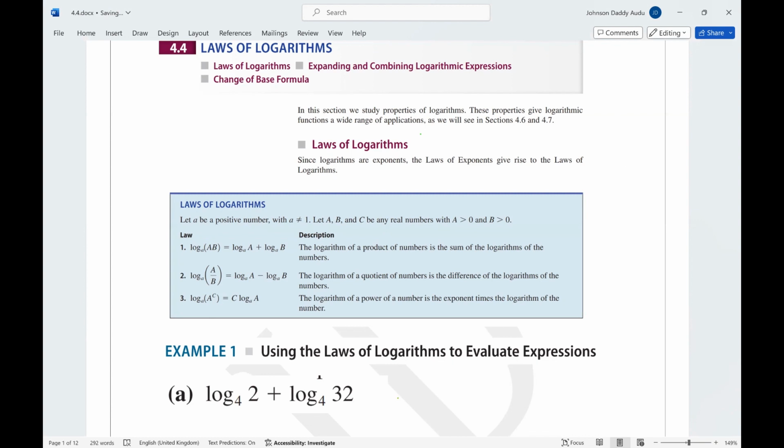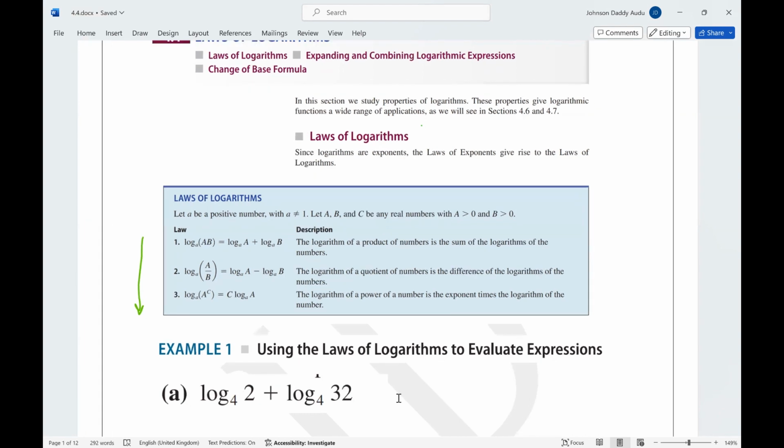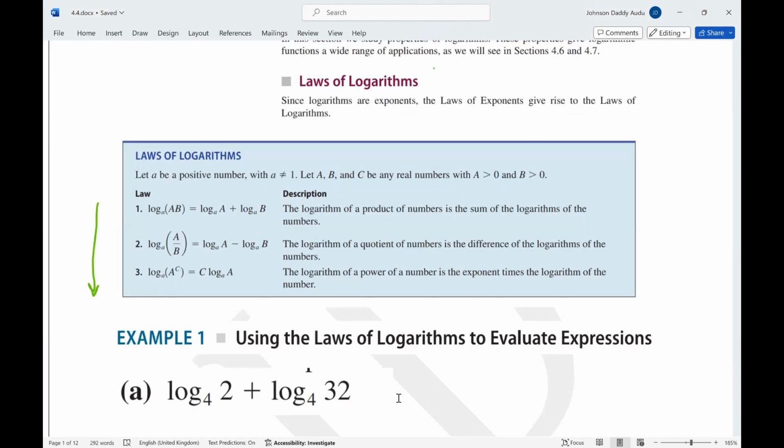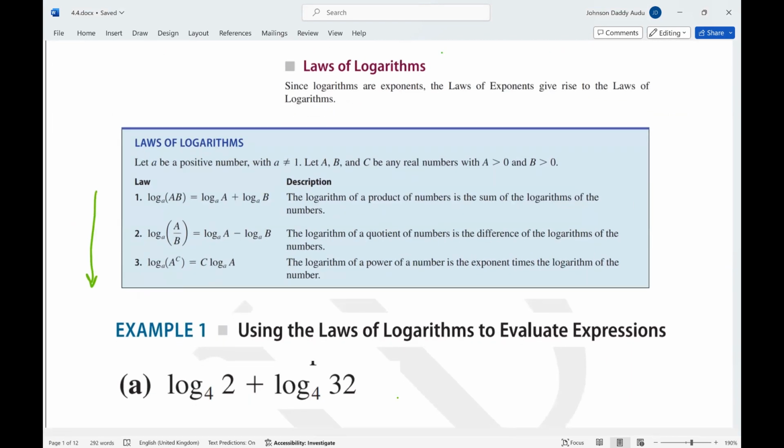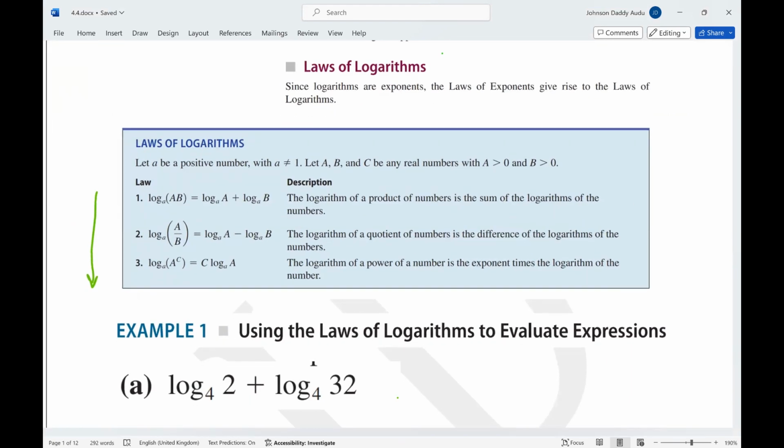So we start with the first three. This is when we have products. The logarithm of a product of numbers is the sum of the logarithms of the numbers. So log to base a of AB is the same thing as log A plus log B. You can change multiplication to addition, right?